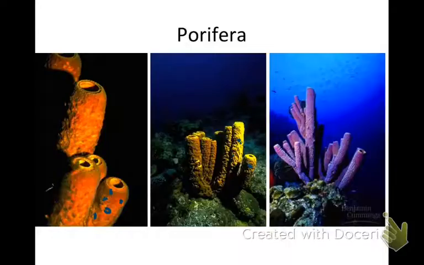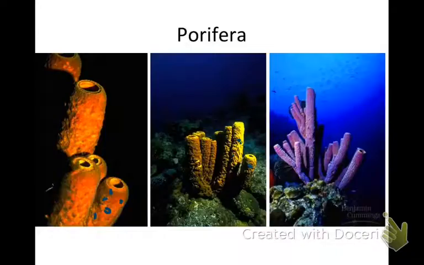We also need to highlight that, remember, these animals are called animal-like because they have no true tissues. Please highlight that. Meaning, in terms of tissues, they do not possess muscle or nervous tissue. They are sessile.